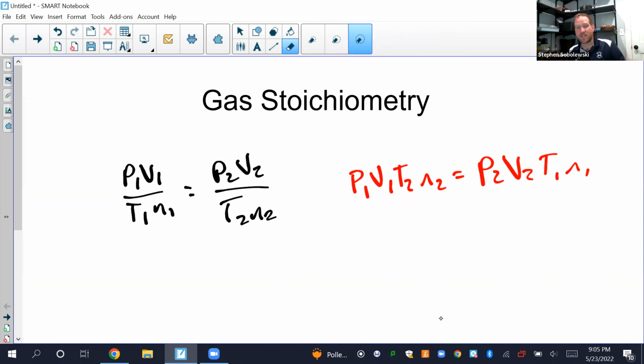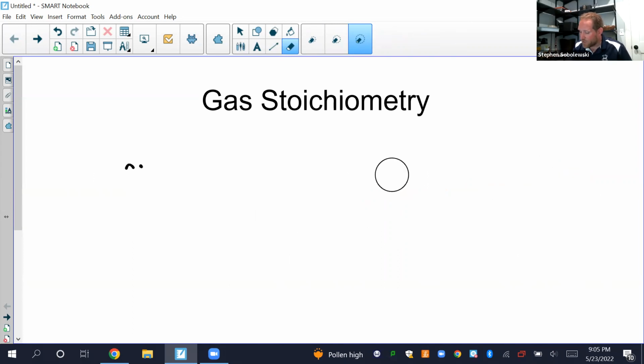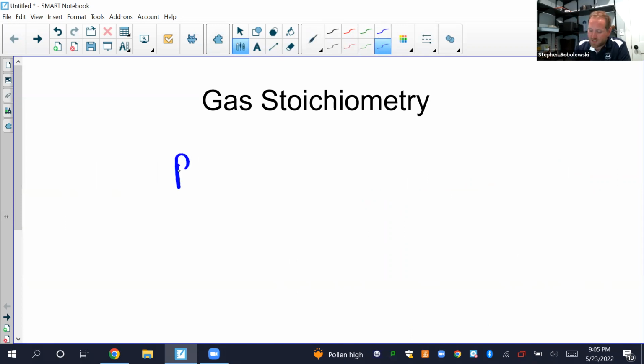For example, if you have P1 and P2 given in the problem, you can't plug torr in on one side and psi on the other. They have to match. You might also come across Dalton's law of partial pressures, which basically states that the total pressure, P total, is the sum of the partial pressures in a gas.